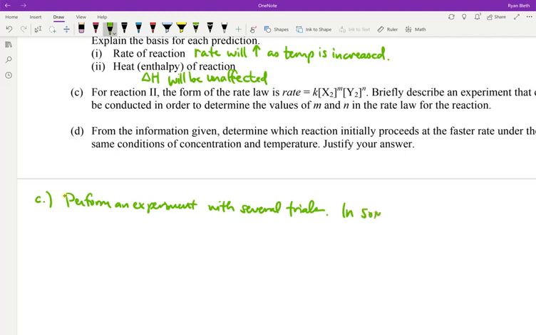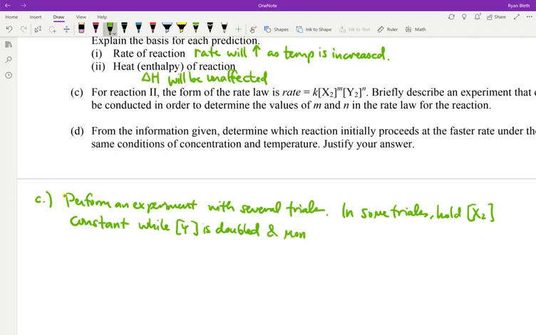In some trials, hold x constant, for example, while y is doubled, and monitor the rate. And in other trials, we'll do the opposite.